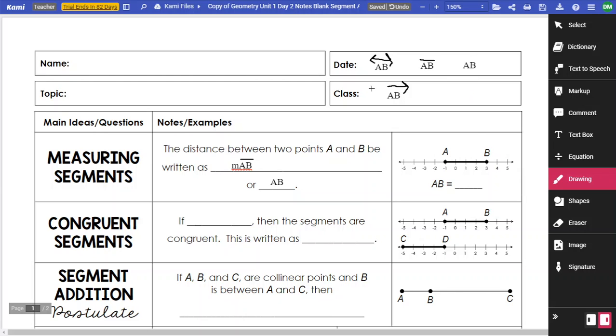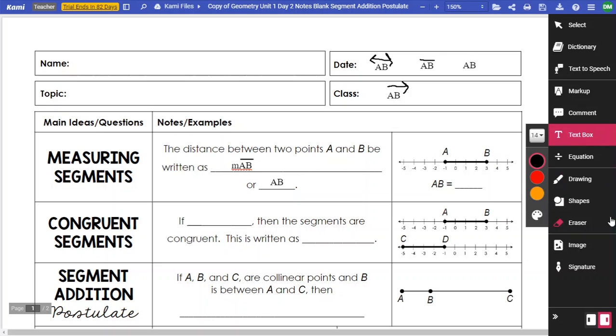Alright, so keep them separate. That is one of the hardest parts about this first unit of geometry, there's a lot of terminology. I know I'm throwing it at you, but we've got to be able to speak the same language if we're going to get anywhere. And part of speaking the same language is making sure we are using the correct symbols. Okay, so let's get back to work.